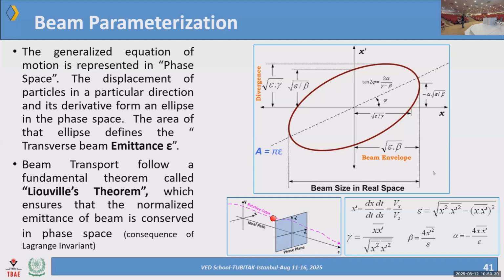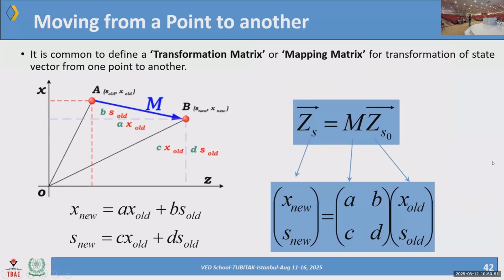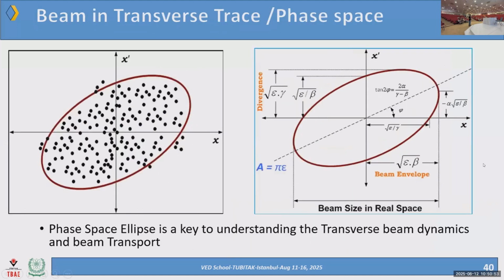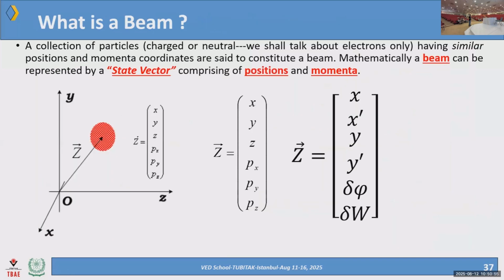Thank you. So we were defining our beam. Maybe we have to click it again on this. So this makes the trace space. The trace space is basically the slope and the position.